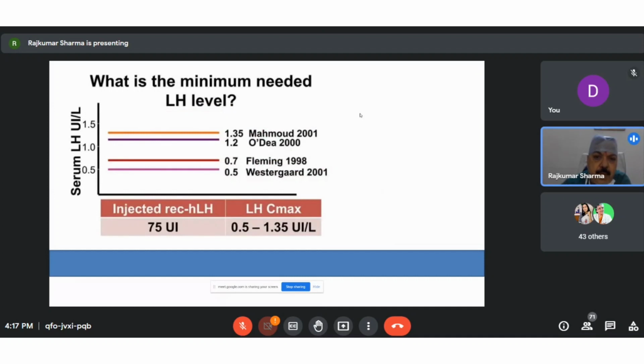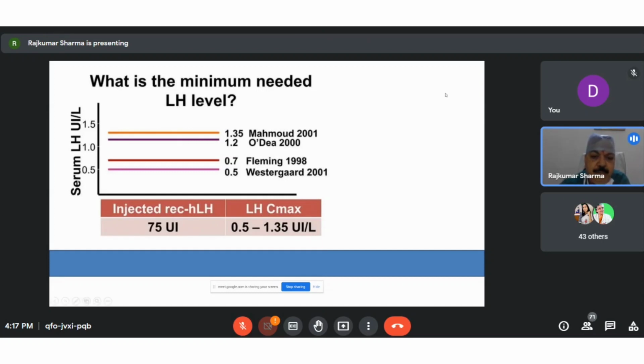So what is the minimum requirement? We saw that with 75 to 225 IU, the endometrial growth was the same. So various authors tried to study what the LH Cmax value in the blood is when they give 75 IU.